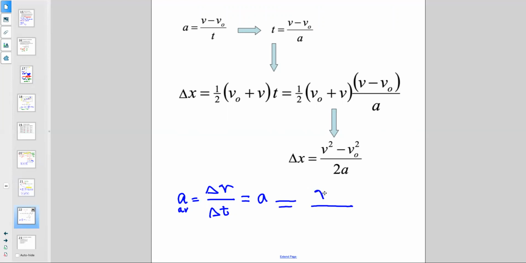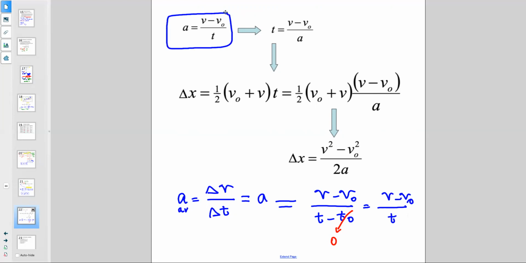Delta v is v minus v naught, delta t is t minus t naught. Usually when we start the motion, the time is 0. So what we have here is v minus v naught over t. So that's exactly what I have up here.